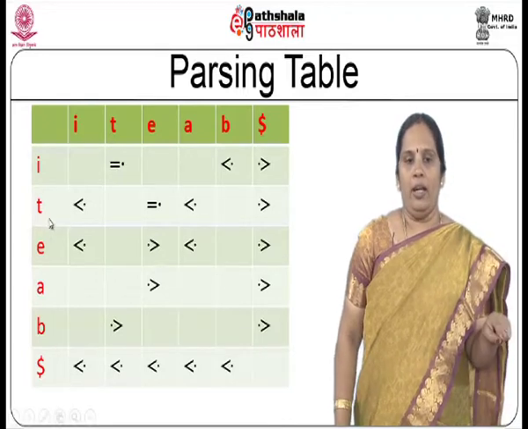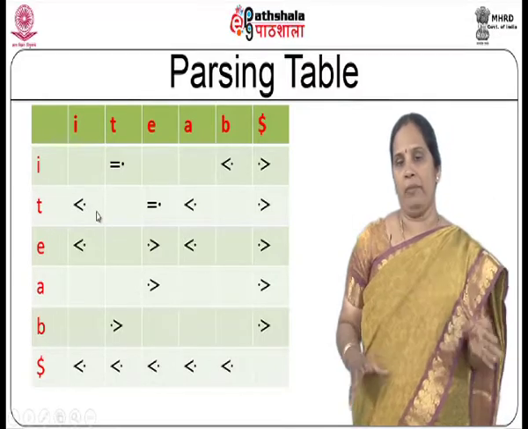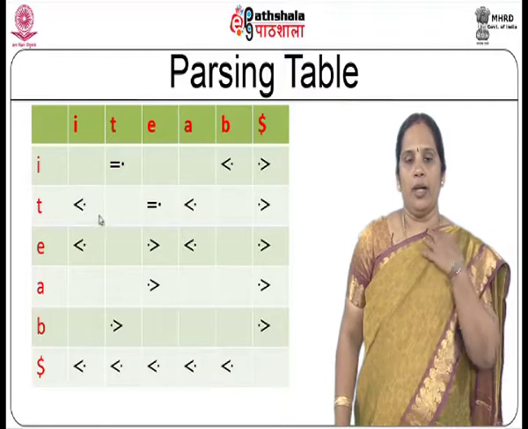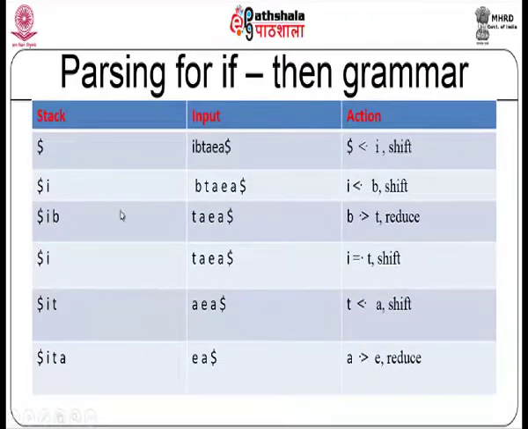If I have a then, I can have one more if after the statement. So, I call that a less than relationship here. Supposing I have the same string, I compare dollar and i, and I shift. i is less than b, so again I shift. b is greater than t, so I reduce.